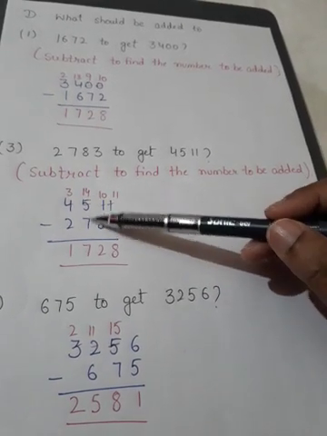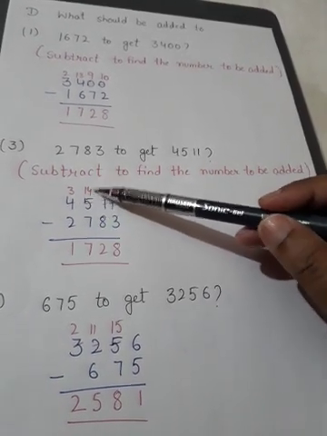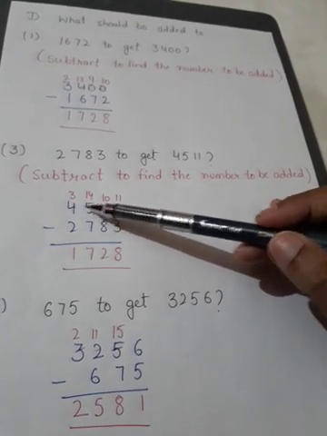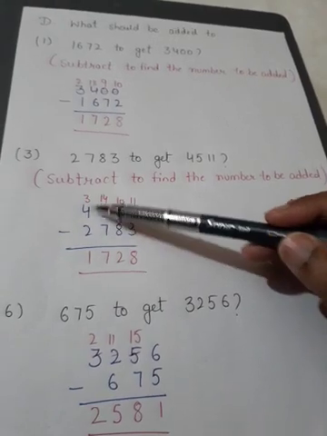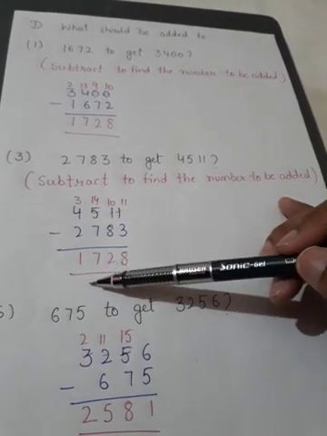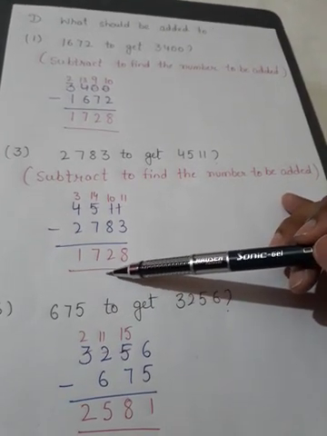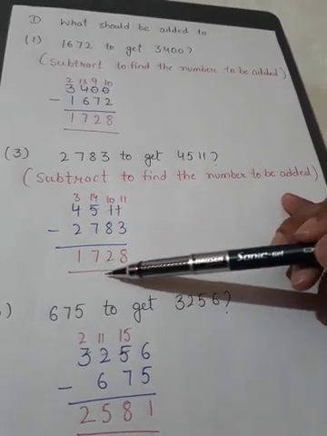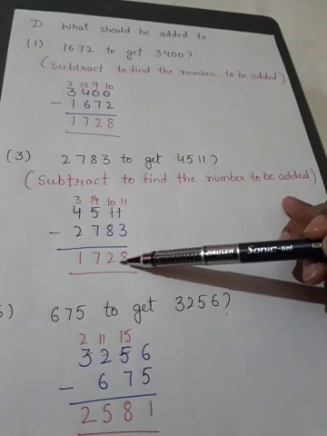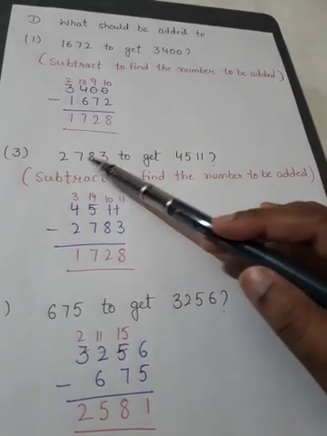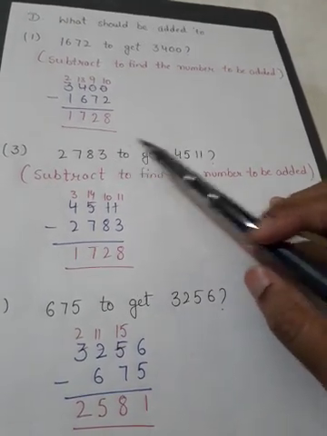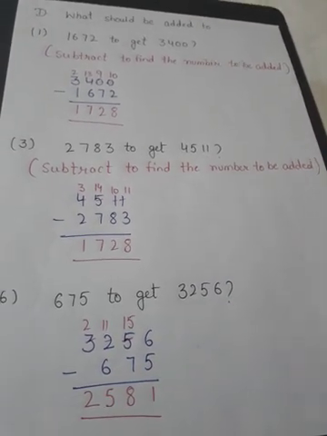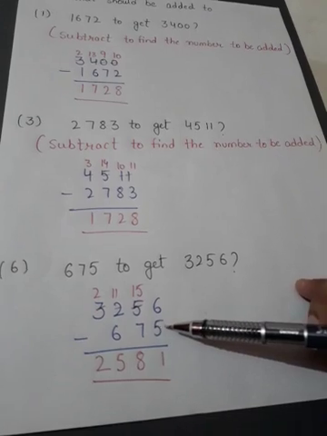Here 4 left, 4 cannot subtract 7, so take borrow from this 4. This is now 14 minus 7 is 7. 4 gave borrow here, so here 3 left. So 3 minus 2 is 1. So the answer is 1728. Right. So when we add this 1728 to 2783, then we will get 4511.